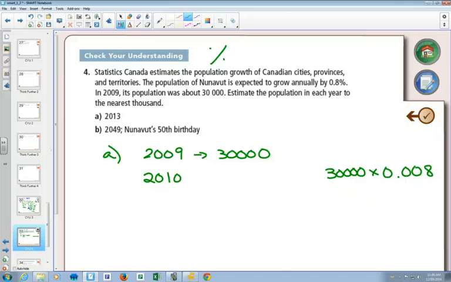The population is going to go up by 240, because this is equal to 240. So in 2010, the population would be about 30,240.